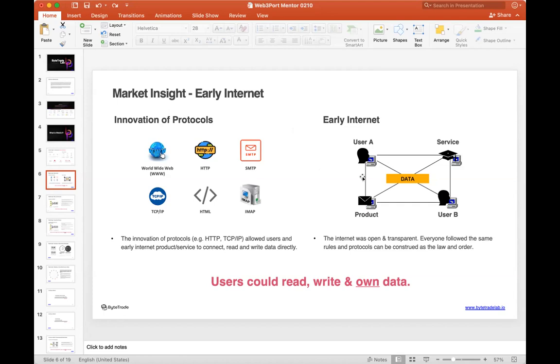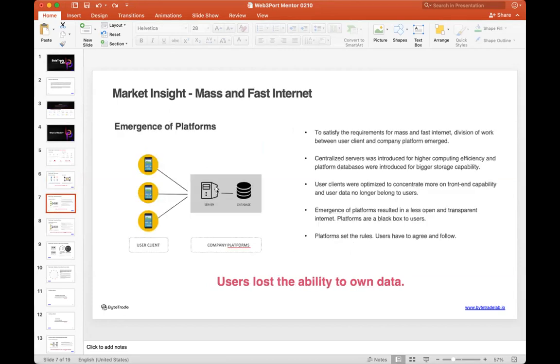However, this peer-to-peer structure could not sustain the mass and fast internet. With Web2 we have a major breakout of user numbers, growing from a few thousand to billions of people right now.